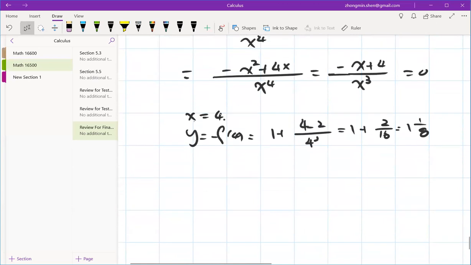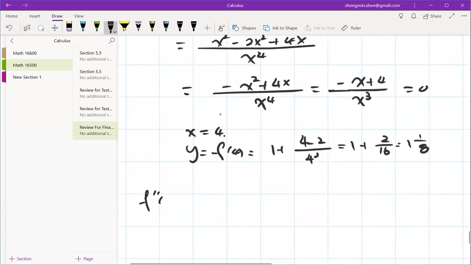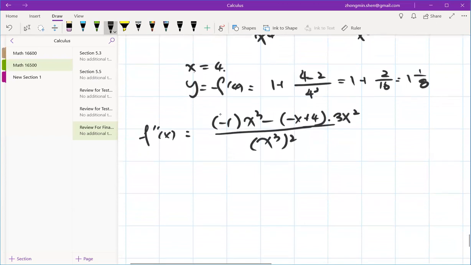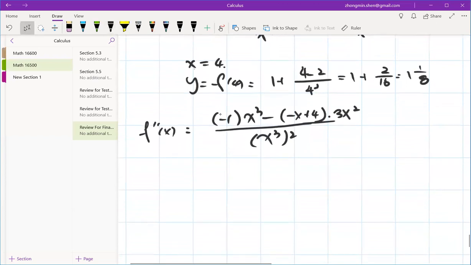So you have to find the second derivative. Right, let's simplify it.